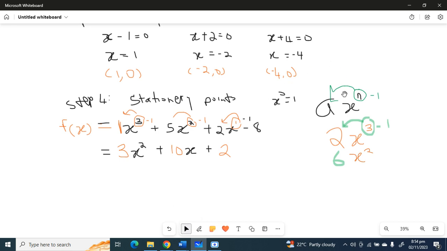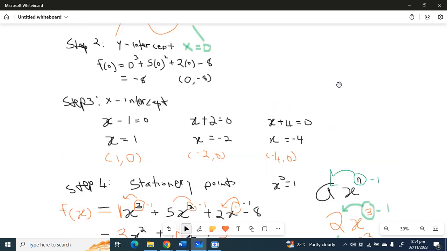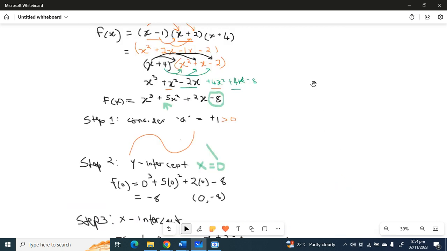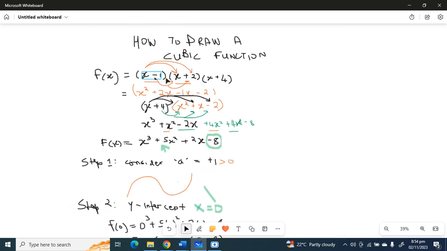Oh, it's the question. The question started with the factors. You're given a function with the factors. So now we expanded this so that we get a cubic function. This cubic function, when it's factorized, becomes these 3 factors here.